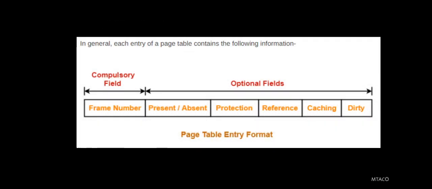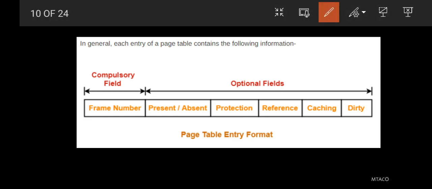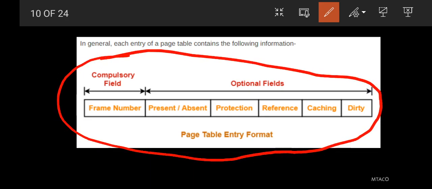In general, each entry of the page table contains the following information. You have your frame number, your present or absent bit, protection, reference, caching, and your dirty bit.